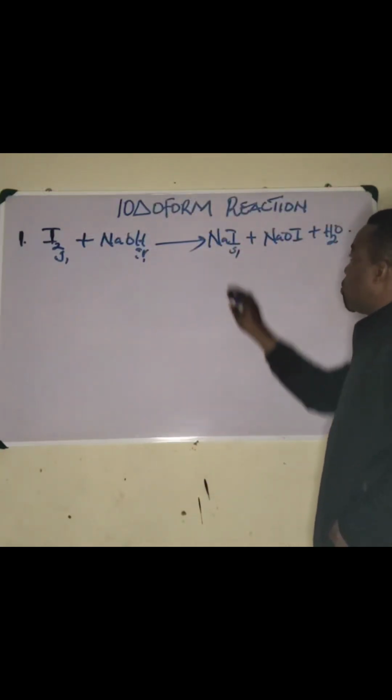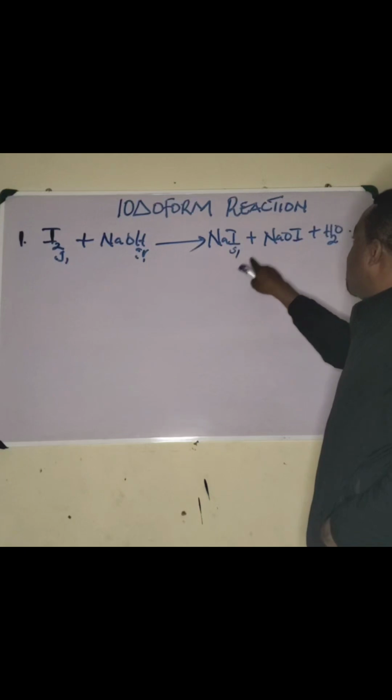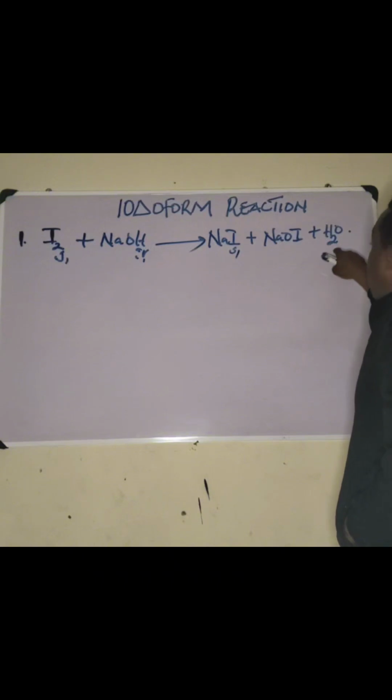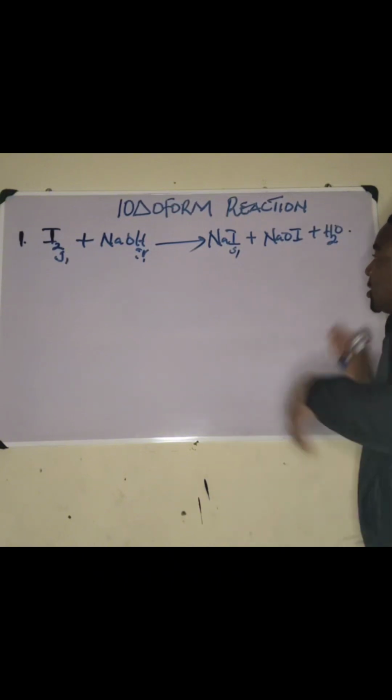This is the first stage of the reaction: iodine reacting with sodium hydroxide to give us sodium iodide, sodium oxoiodate 1, and water.